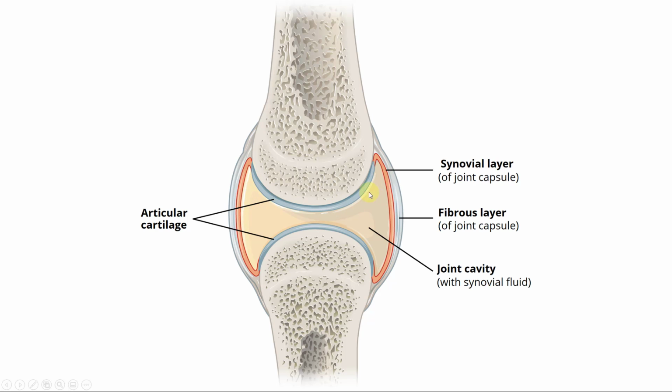You have synovial fluid, and you have a synovial layer, and it makes this really tight capsule that nothing really can get in. And on the outside of that, you have more joint connective tissue, and then you usually have some kind of ligament structure that's keeping these two bones together. So this is what we're dealing with, and when we're putting loads or having things move, we have to take into consideration all of the tissues that we're loading in the body.